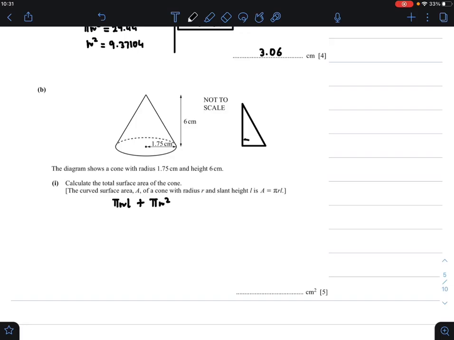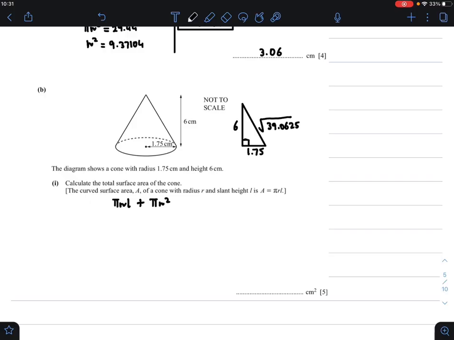Now this is actually a right angle triangle, and we know 2 sides of the triangle, so we can easily find the hypotenuse. So the hypotenuse will be equal to root of the sum of the square of both the sides. So 1.75 square plus 6 square, which is 36, is equal to 39.0625.